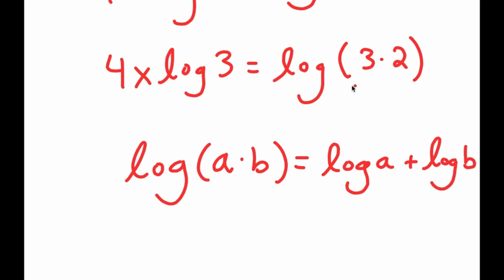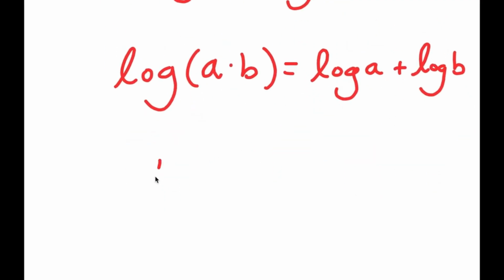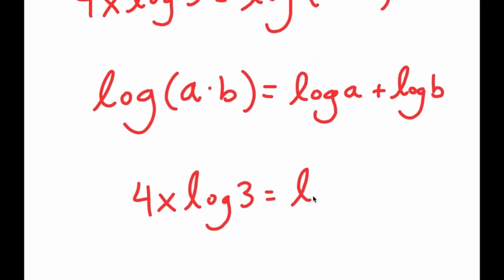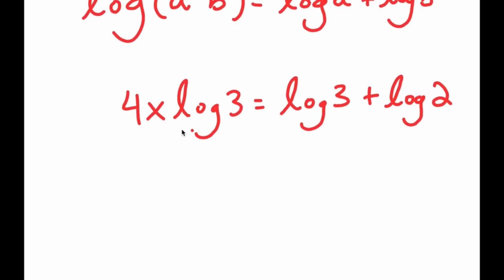So in this case, I have log 3 times 2, and that's going to equal log of 3 plus log 2. Now, we want to isolate x, so I'm going to divide both sides by 4 times log 3.